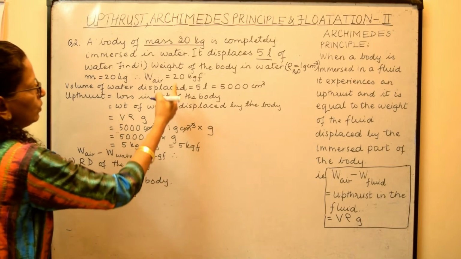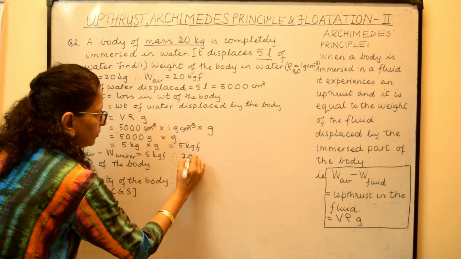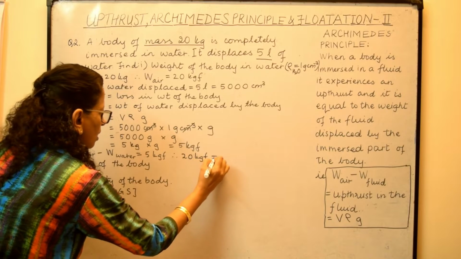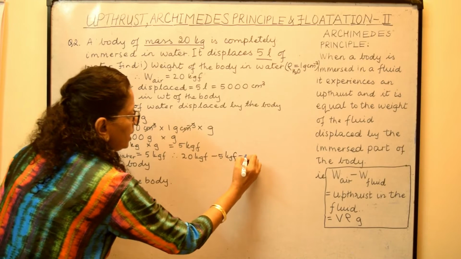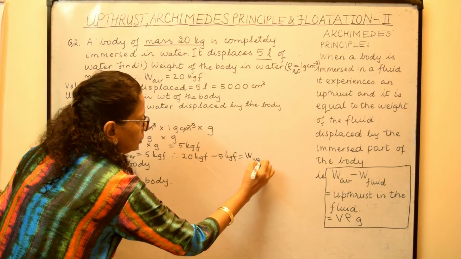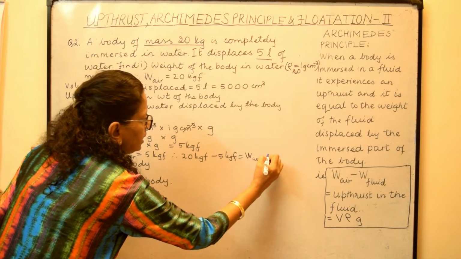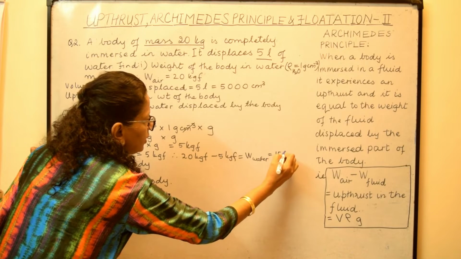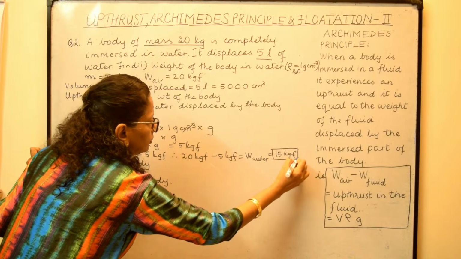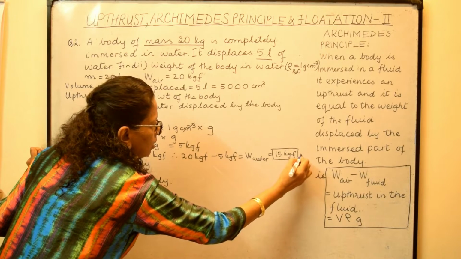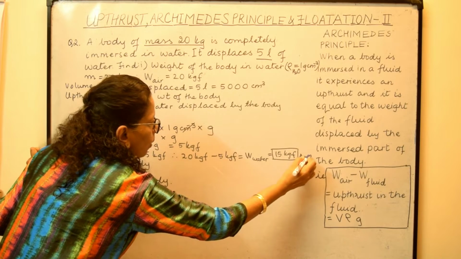Therefore, weight in air, which is 20 kgf, minus 5 kgf comes out to be our weight in water, and so weight in water is 15 kgf, and that becomes your answer 1.